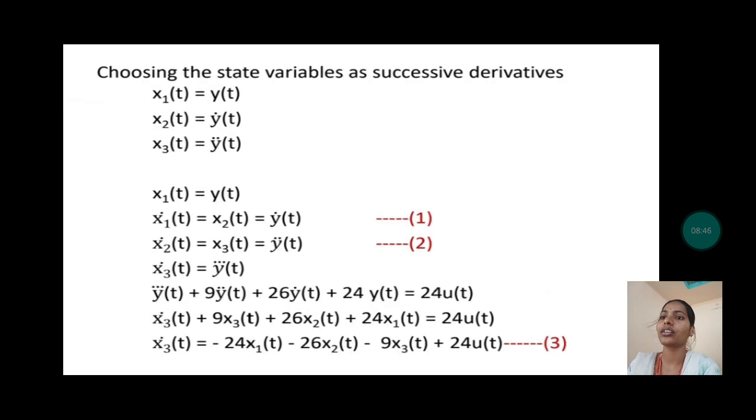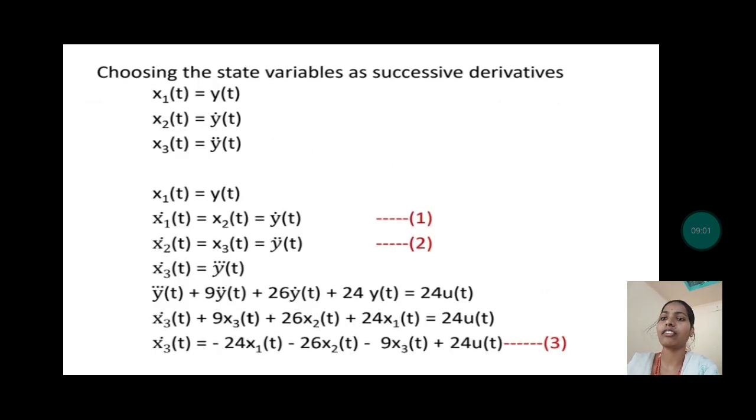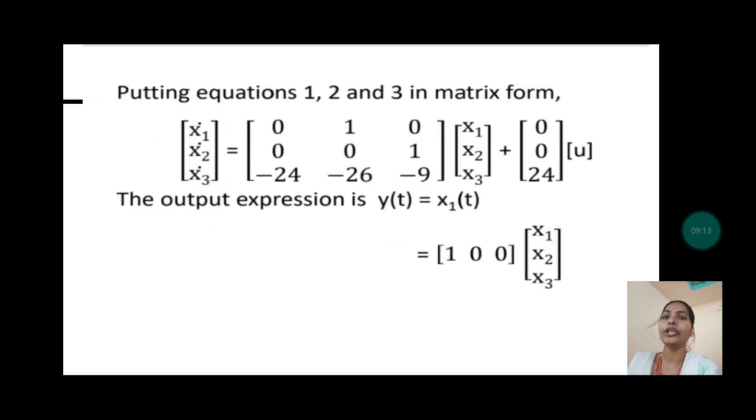And x2 dot of t from the equation 2 is x3 of t. So in the place of x3 of t we kept 1 and the remaining places as 0. And x3 dot from the equation 3, in x1 of t place minus 24 and x2 of t place minus 26 and x3 of t place minus 9, into x1, x2, x3, plus 0, 0, 24 u of t, from the equations 1, 2 and 3.